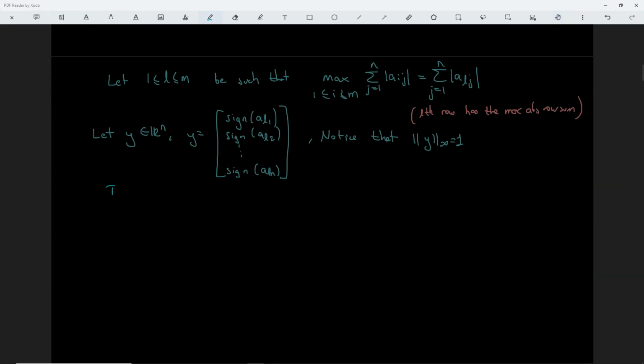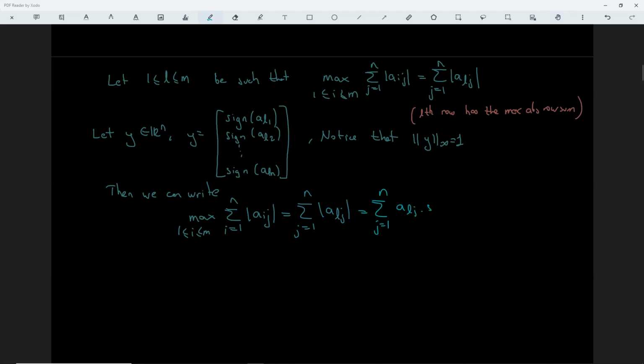So we can write the maximum over 1 to n of the summation over j from 1 to n of the absolute value of aij, which was equal to the summation over j from 1 to n of the absolute value of a_lj, as the summation over j from 1 to n of a_lj times sign of a_lj.